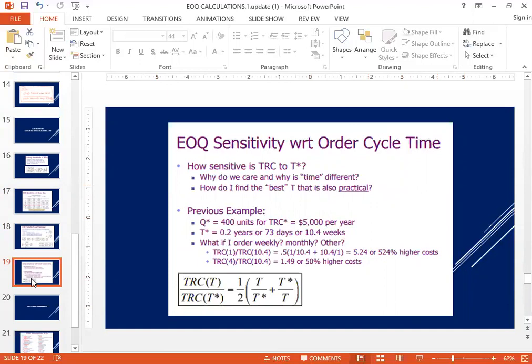How sensitive is the EOQ with regard to order cycle time? If the order cycle time is not T star, but you decide to order a little bit earlier or a little bit later, what kind of impact is that going to have on your total relevant cost? That's again something you can figure out by plugging into this formula.